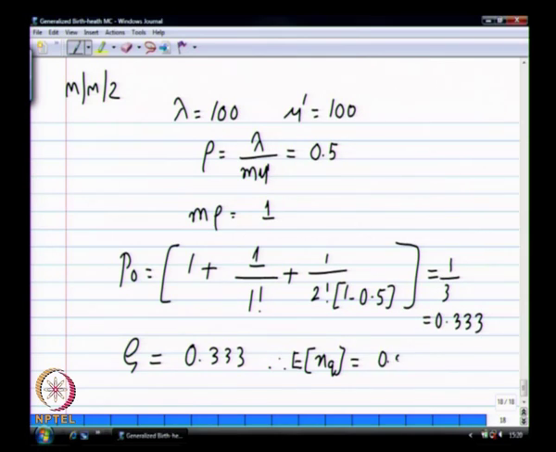So 0.5 times 0.33 divided by, this is also 0.33. Do not expect all queues to have the same value.